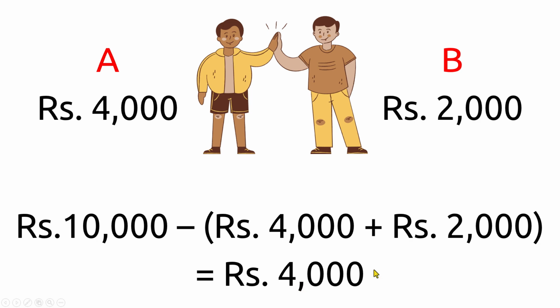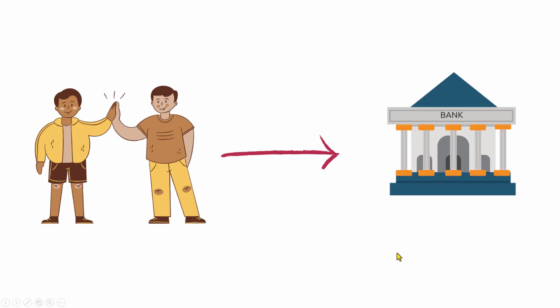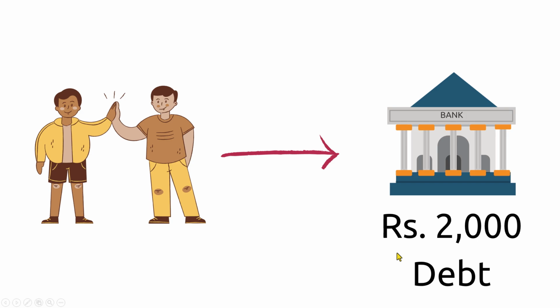Now, they go to a bank and ask for a loan, and the bank says that it can give a maximum of 2,000 rupees. The money they take from the bank is called debt.